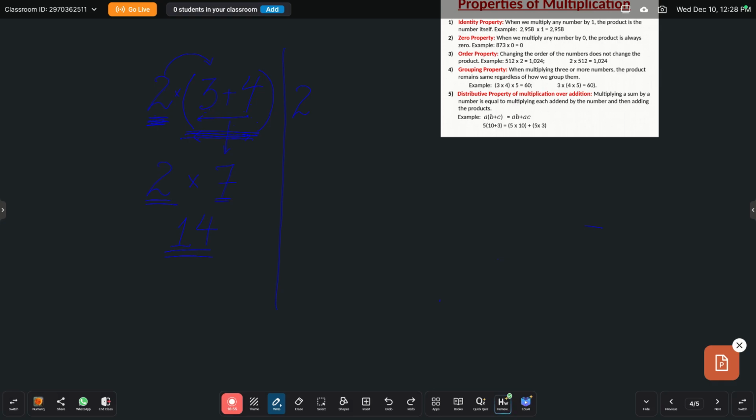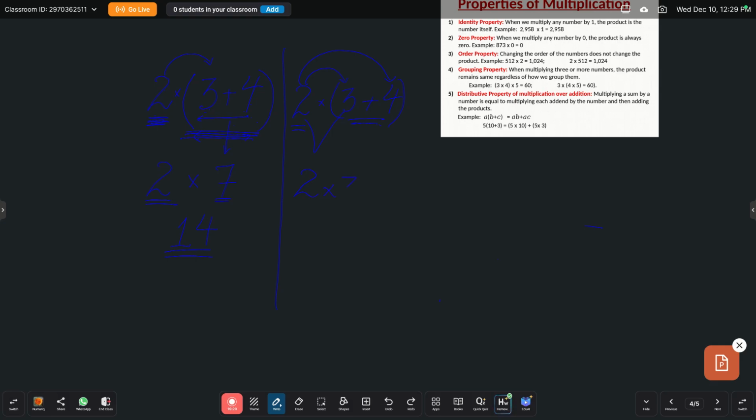Here it is 2 multiplied by (3 plus 4). This 2 is actually in multiplication with this 3 and this 4 also. This 2 is in multiplication with both of these numbers present in the parentheses. So I can do it like this. What if I multiply this 2 with this 3 first?